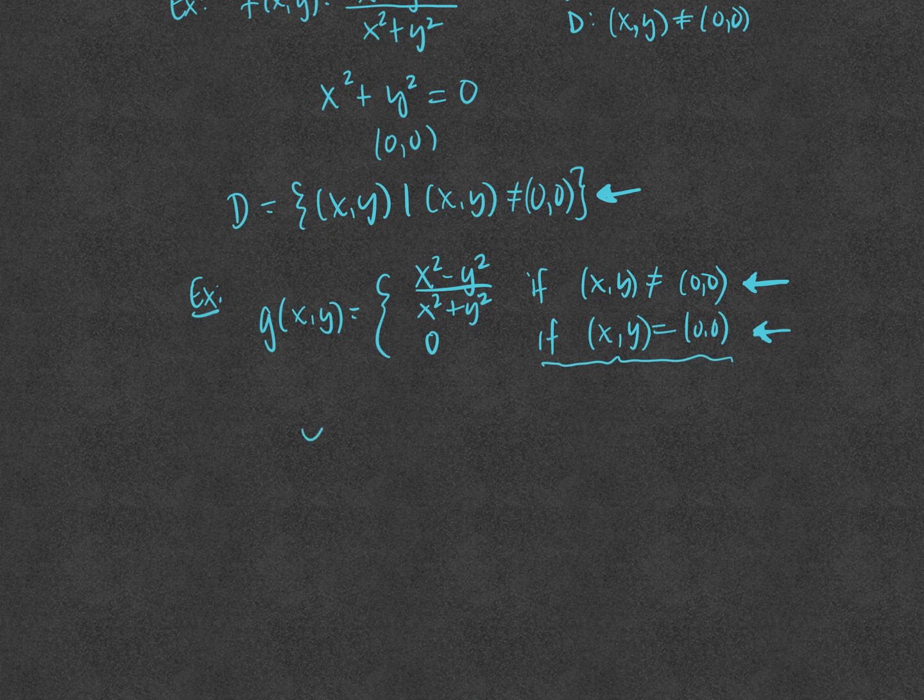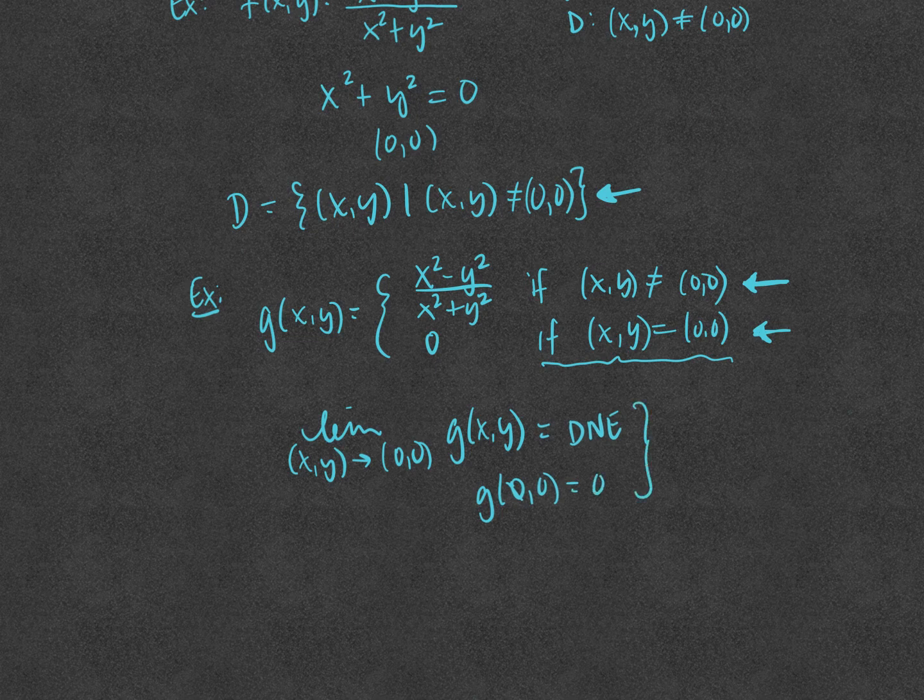So then we need to think about our definition. We have the limit as x,y approaches 0,0 of g of x,y. I'm not going to write it all out. We get that this limit does not exist, because we did this problem earlier in the video. But we know that g of 0,0 equals 0.